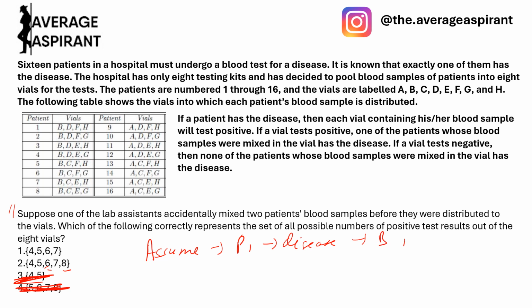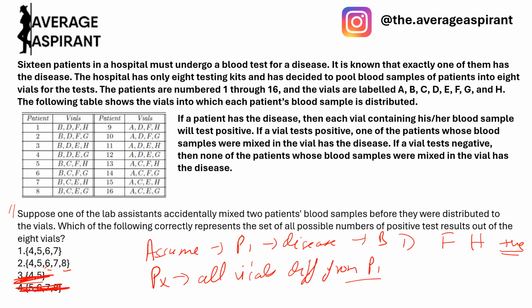B, D, F, H are positive. Now we have to find such a person, Px, who has all vials different from P1. That's how you will get 8, right? 4 from P1 and 4 from Px. If you mix their blood, all 8 will have the disease.